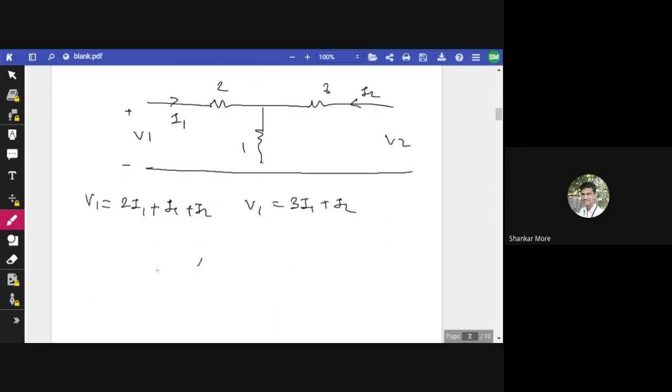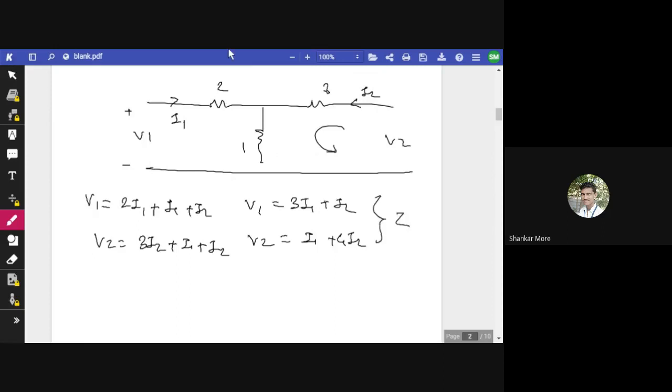Now applying KVL here, V2 equals 3I2 plus 1 times (I1 plus I2). That is, V2 equals I1 plus 4I2. So these are Z parameters.